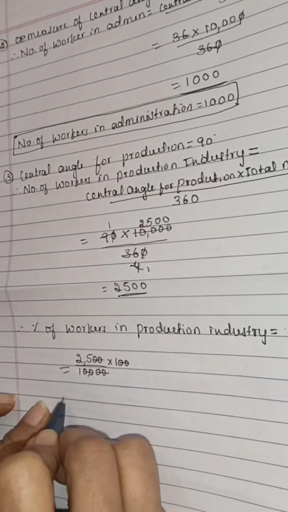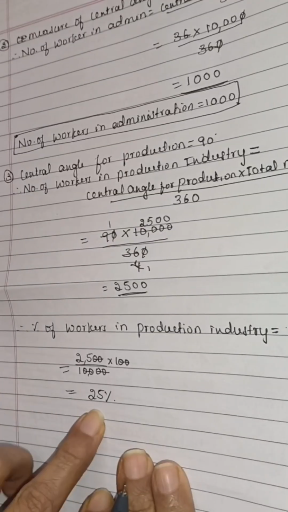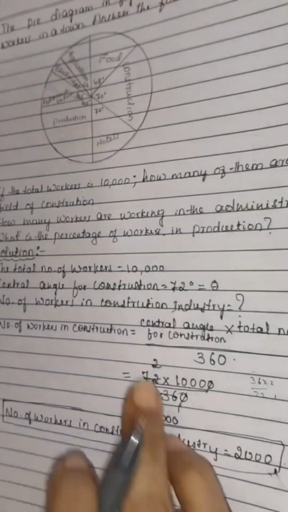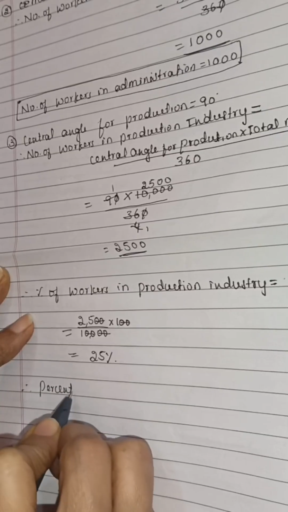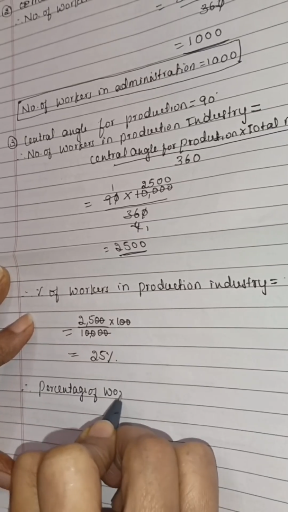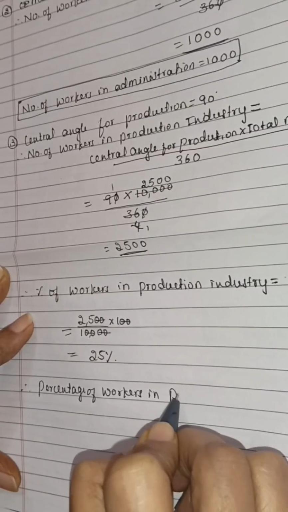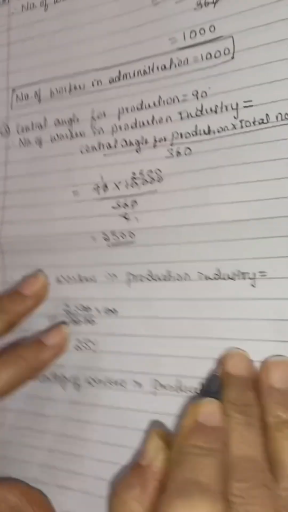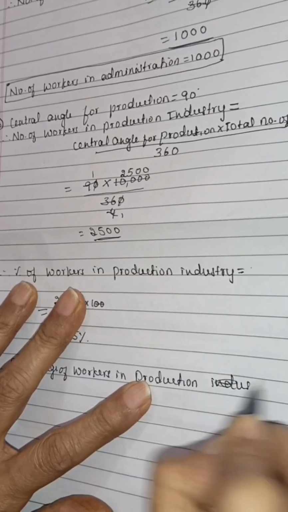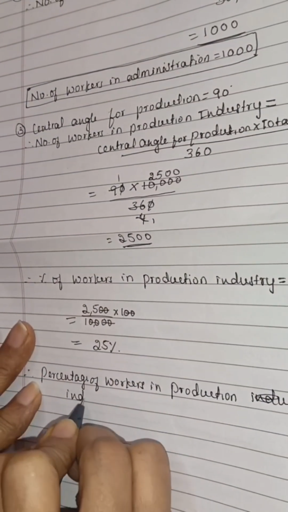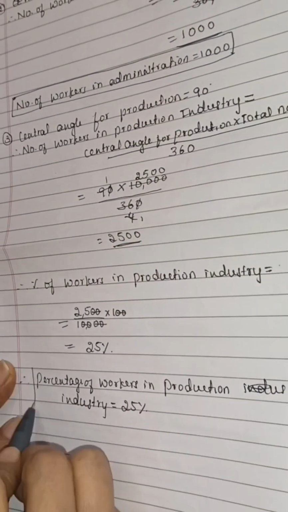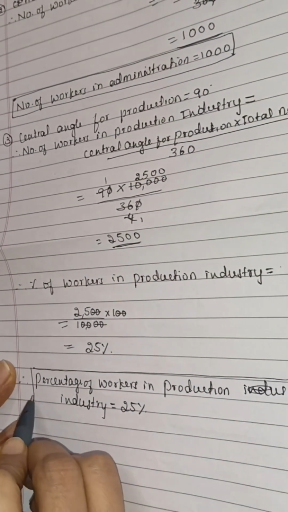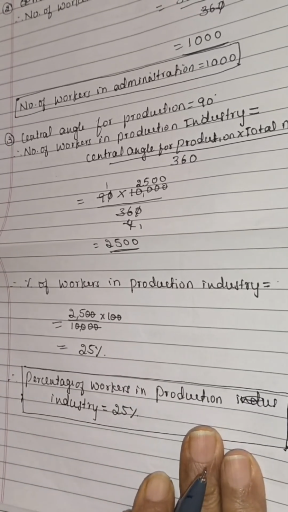Therefore 25%. So the answer is: the percentage of workers in the production industry is 25%. Easy, but you have to understand a little.